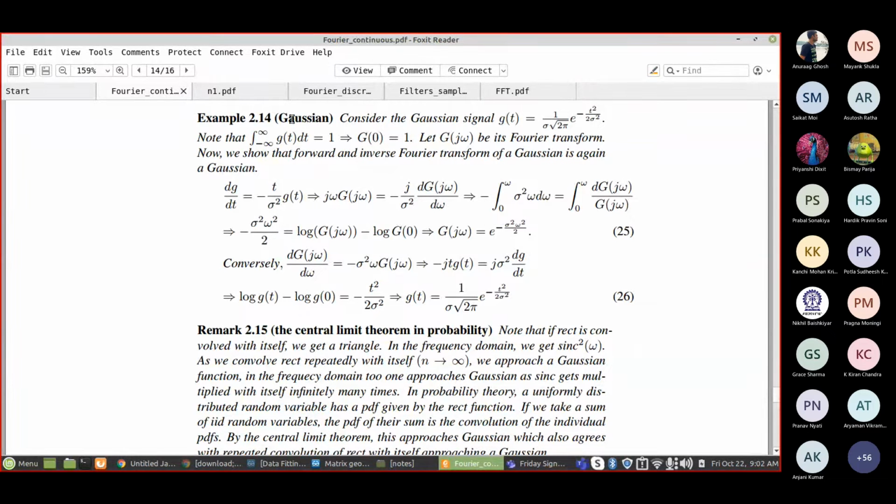The example of Gaussian we also discussed partially. One way we showed that the forward Fourier transform of a Gaussian function turns out to be Gaussian. We did not do the converse, so I left that to you, but I can do it quickly.